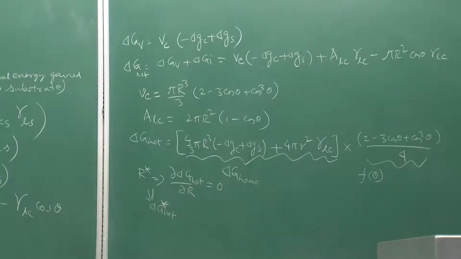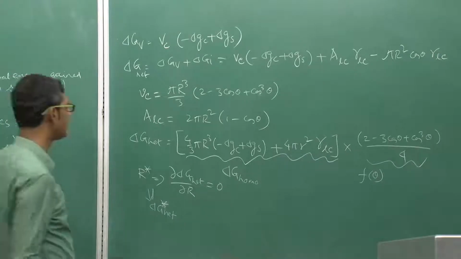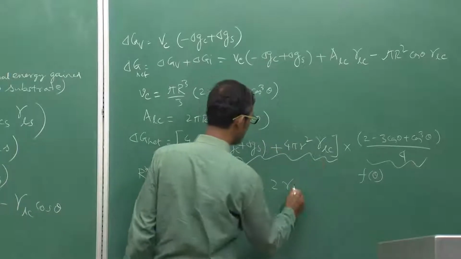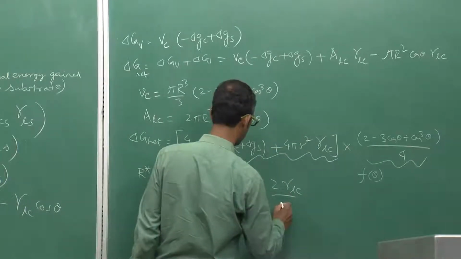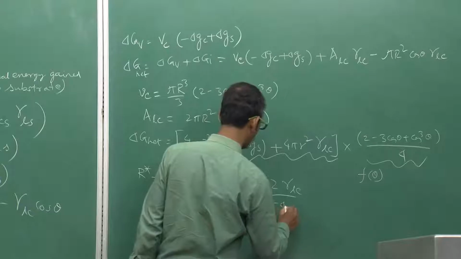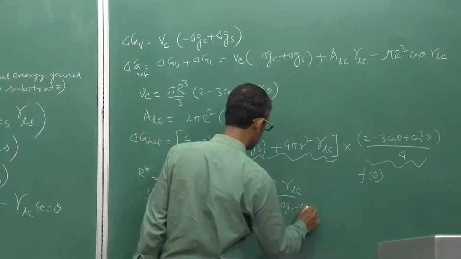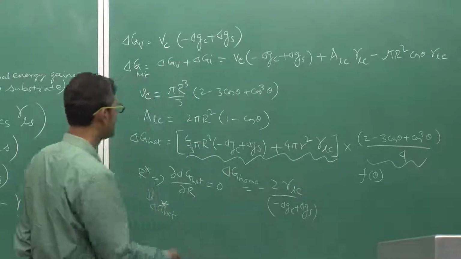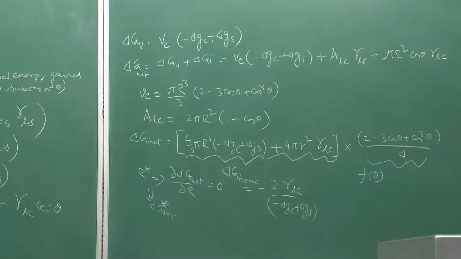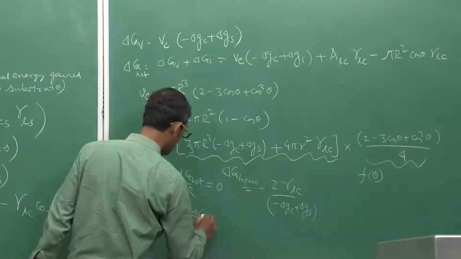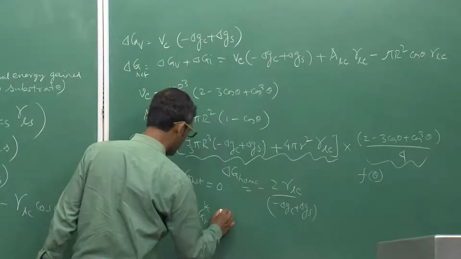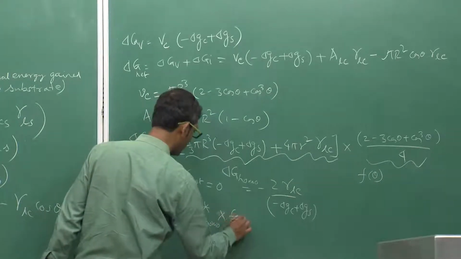This is very simple. This will be equal to again twice gamma_LC divided by minus (G_C plus G_S), correct, and delta G heterogeneous will also come as a function of f theta. Basically this will be exactly the same as delta G star homogeneous multiplied by f theta.